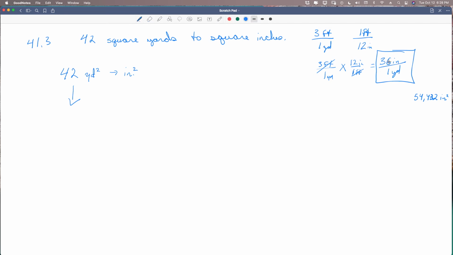We're going to use this unit of measure that we came up with. 42 times 36 inches in 1 yard, cancels this one, times 36 inches in 1 yard, cancels this one.